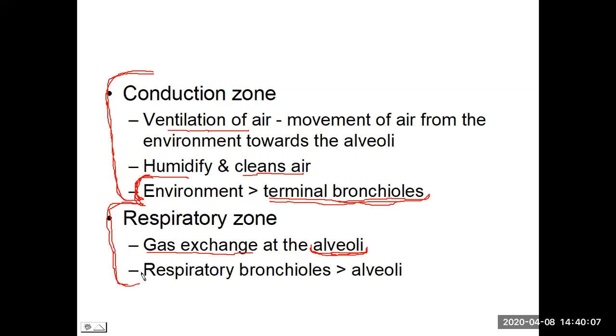Again, spelled out here is the exact boundary, starting from the terminal bronchioles. The next step is the respiratory bronchioles, which begin the respiratory zone, all the way to the final structure of the alveoli. So we're going to work our way through the nose, mouth, and pharynx, and ultimately down to these alveoli.